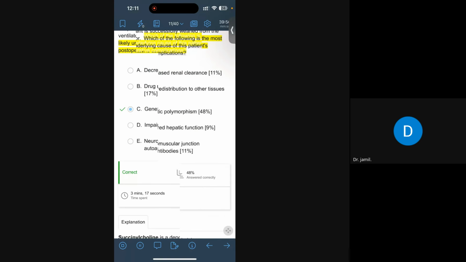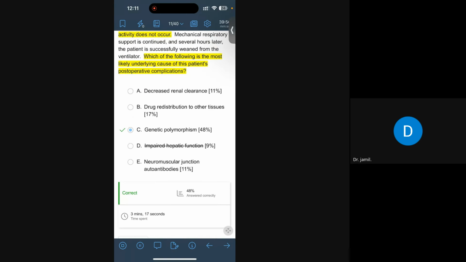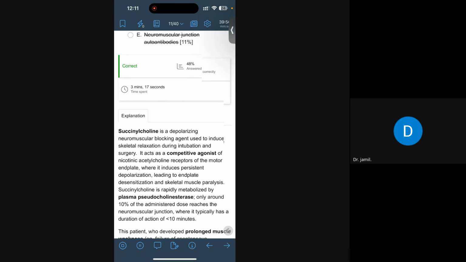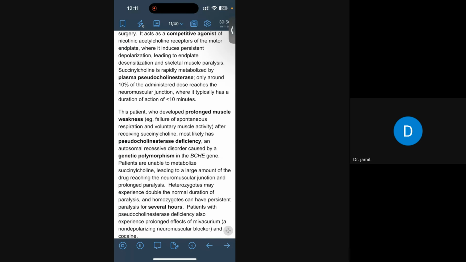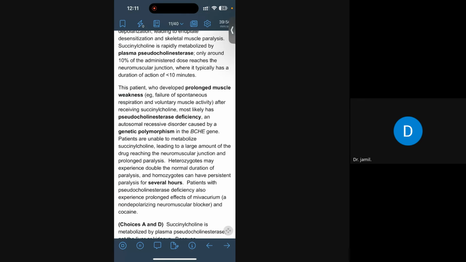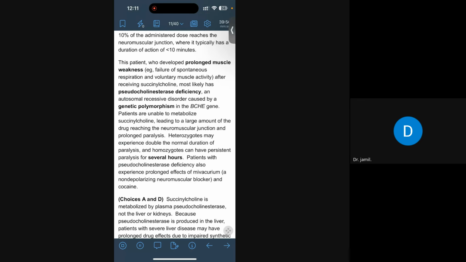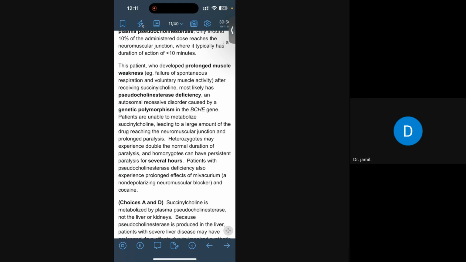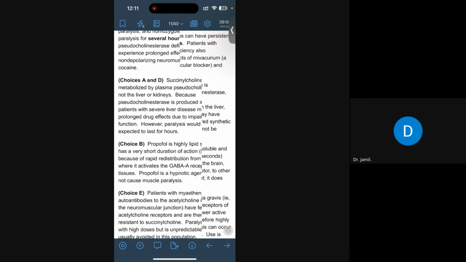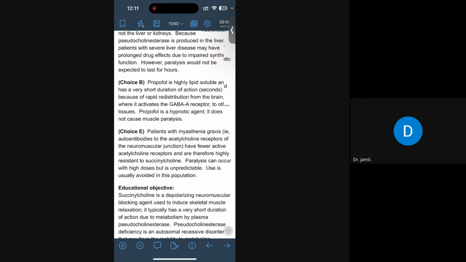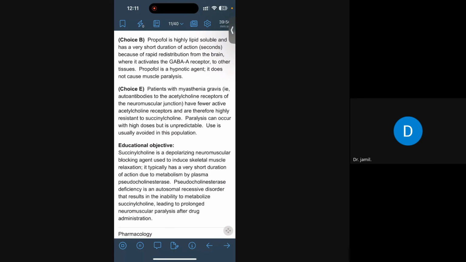Impaired hepatic function, no. Drug distribution, no. Succinylcholine is two molecules of acetylcholine, and for acetylcholine there is cholinesterase at the neuromuscular junction. But pseudocholinesterase is produced by the liver and present in the plasma, and it is responsible for the metabolism of succinylcholine.